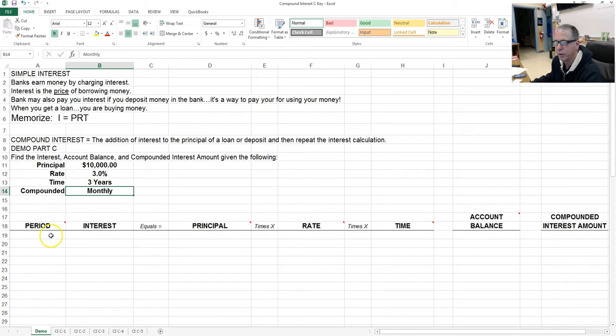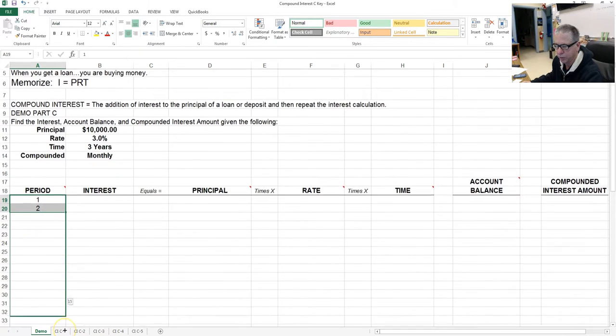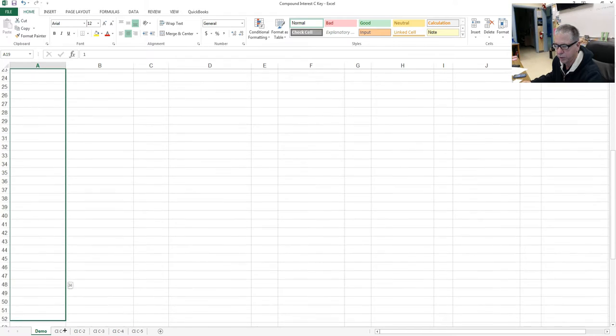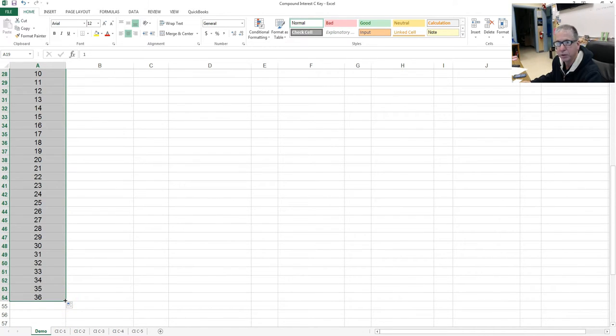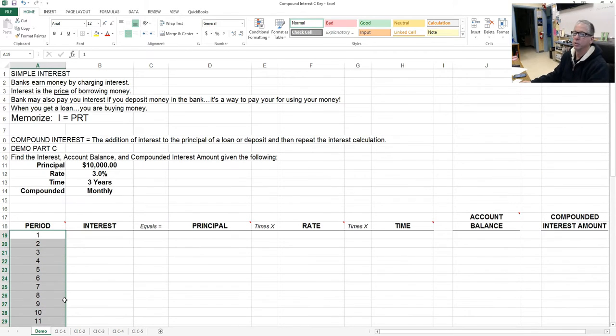So we're going to compound it 36 times. The first step, then, is to fill in my compounding periods, and you can see the numbers there on the right, and we'll go down to 36. There they are. So we need to create those calculations using a simple interest formula 36 times.